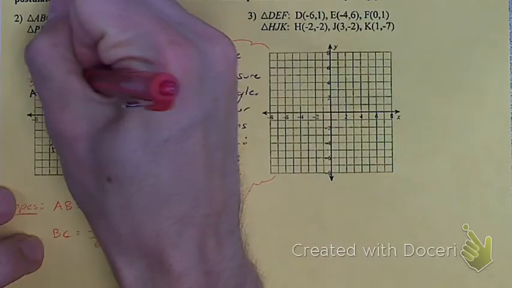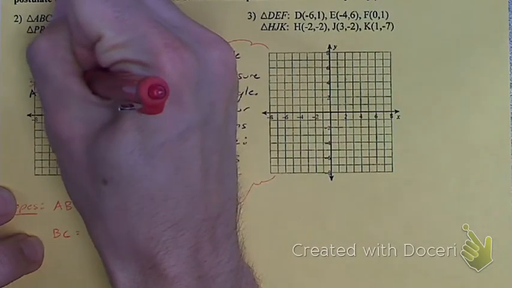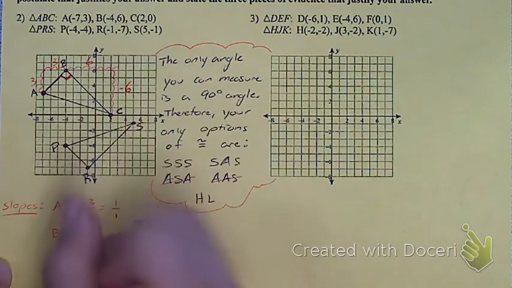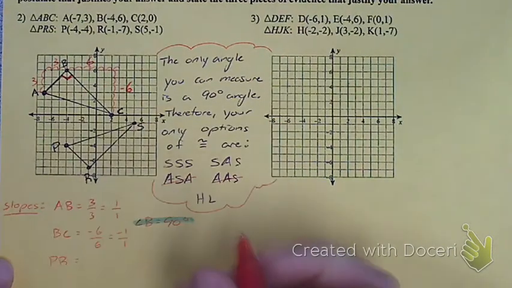So we can actually draw that in now, that little box. Which other one needs to be a right angle now? R. Let's count it really quick. Let's find PR and RS.